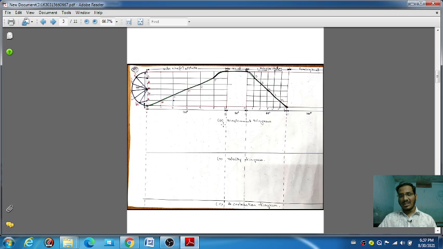If we divide this line into 8 equal parts, then we have to divide the follower line also into 8 equal parts. That's why I am dividing the outstroke into 6 equal parts, to easily get 6 equal parts here also.